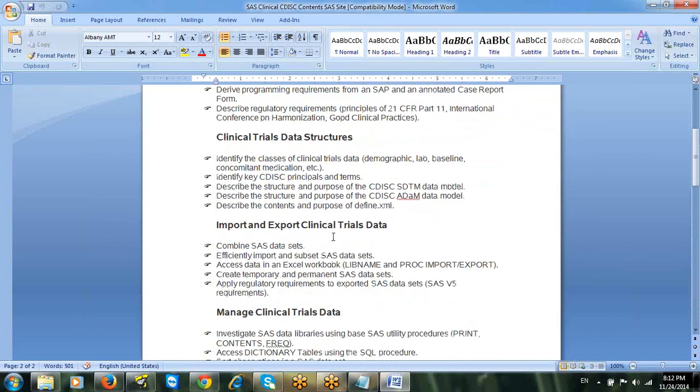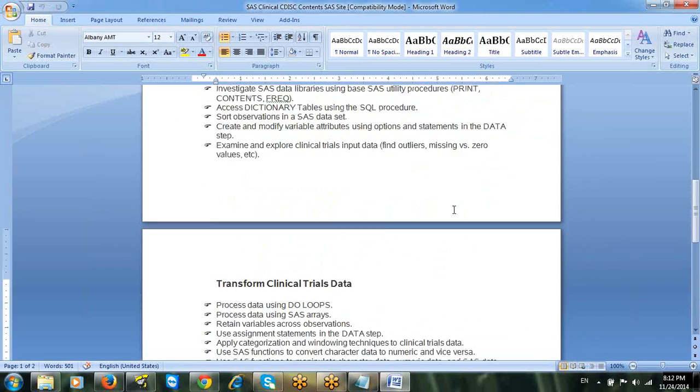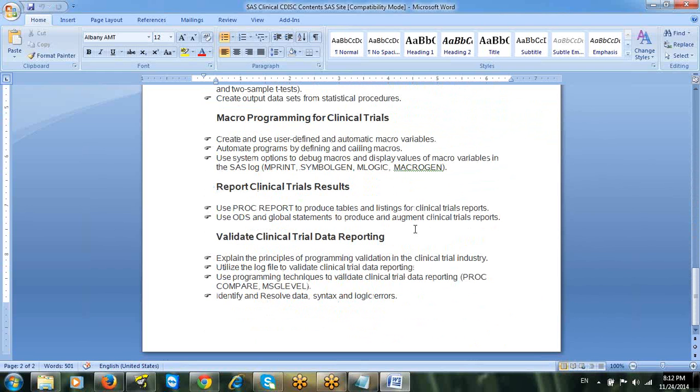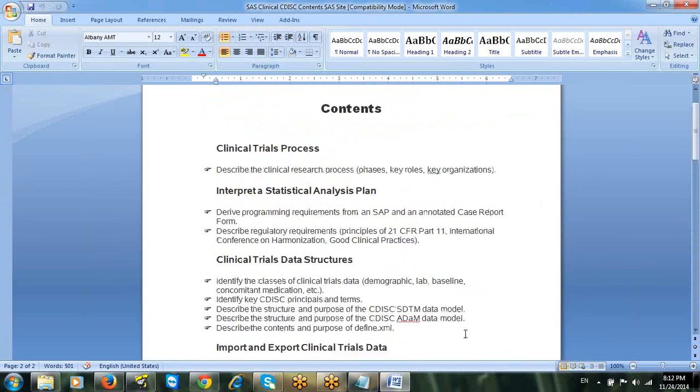I have already given an explanation, but we will go with examples of how to prepare ADaM datasets and SDTM datasets. Then we will go with validating. Once we are done with this, I will show you a real-time project. If you are interested, I can give one or more also. So this will be the flow.